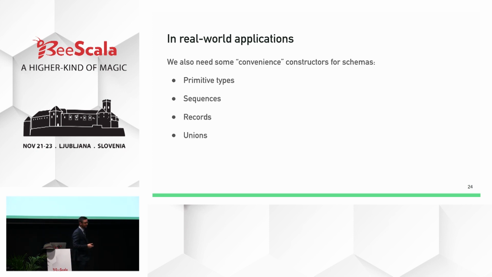And most of the time, especially when it comes to serialization, we are interested in the field's names. So we would need to define these record and union abstractions. A record is just a product whose members have a name, and a union is the same for the sums.